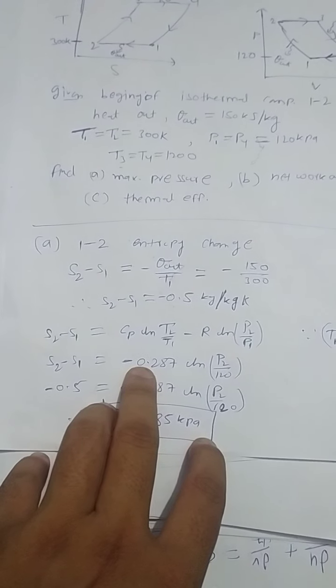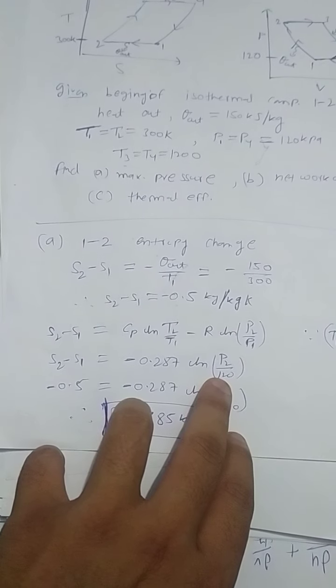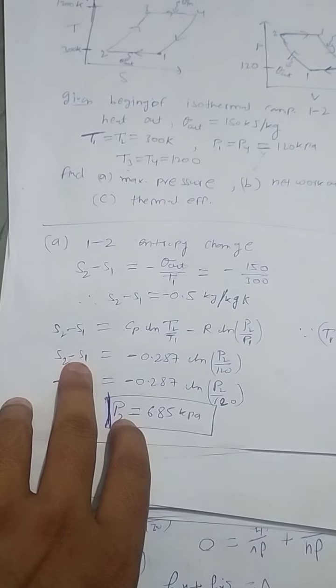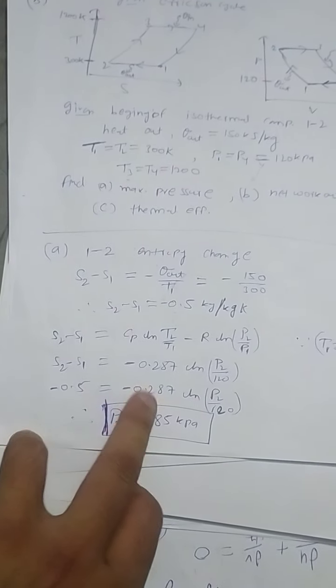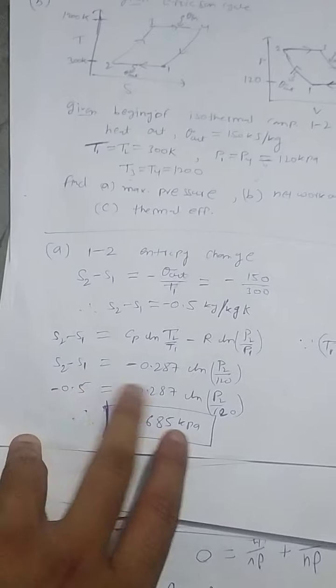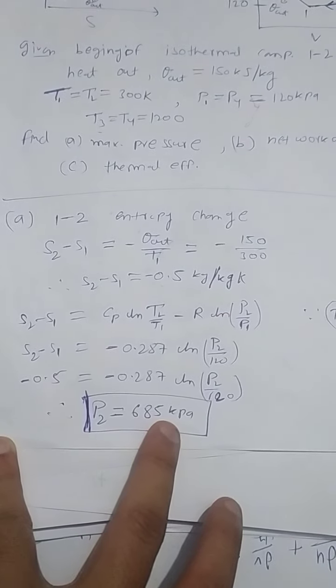R is 0.287, P2 we have to find, P1 is given as 120, and S2 minus S1 is minus 0.5, as calculated. Putting these values in and taking the exponent on both sides, we get P2 equal to 685 kilopascal.